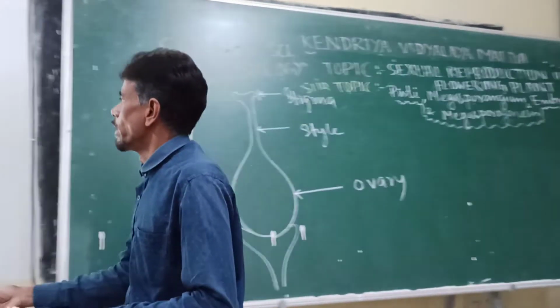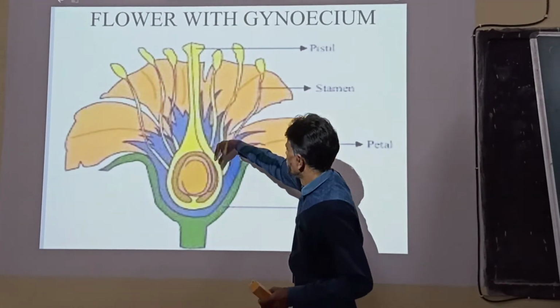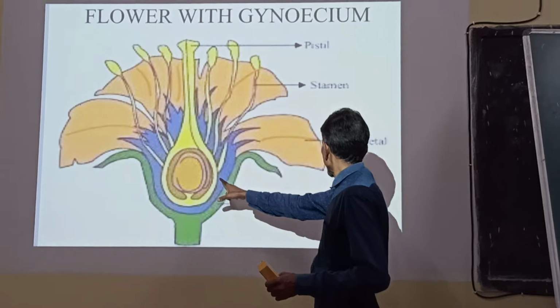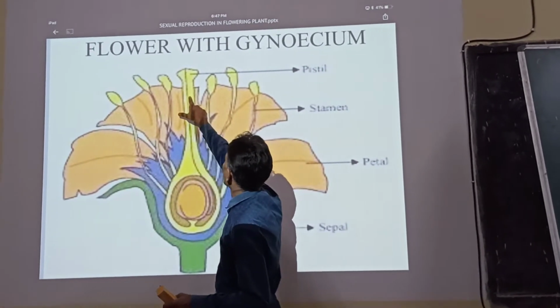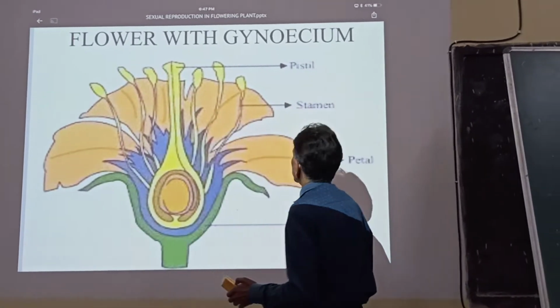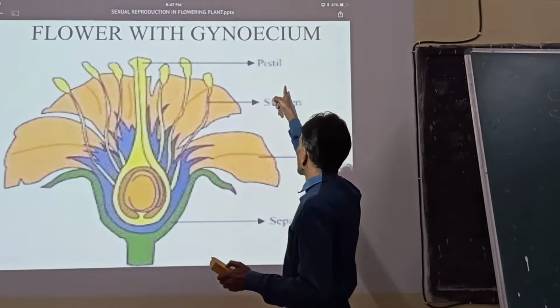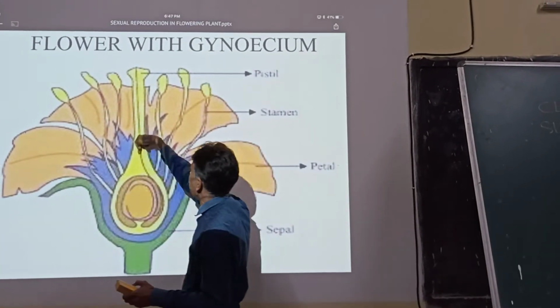You see here the pistil, the basal bulging-out part is the ovary. This is the ovary, this is the style, and this tip is the stigma. We have shown this separately in the figure. It is written simply pistil because it is the entire part.